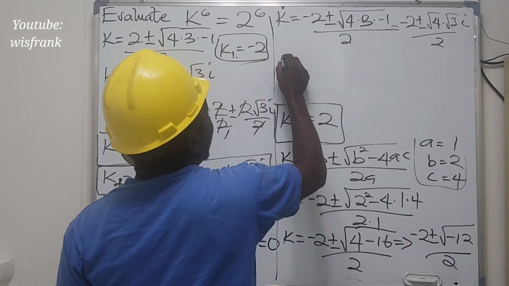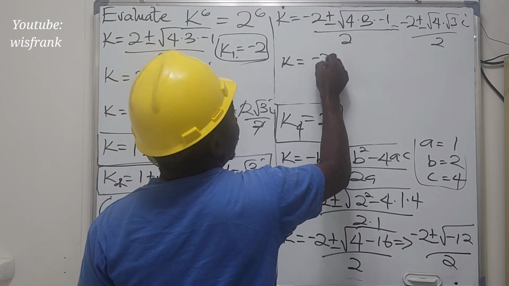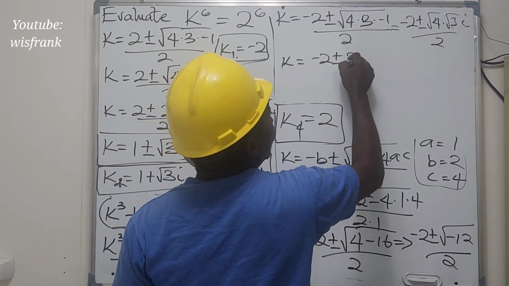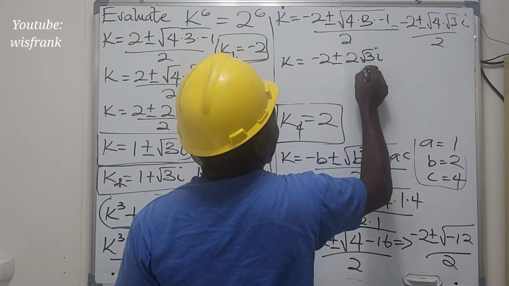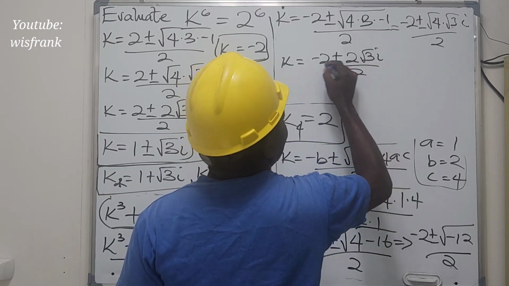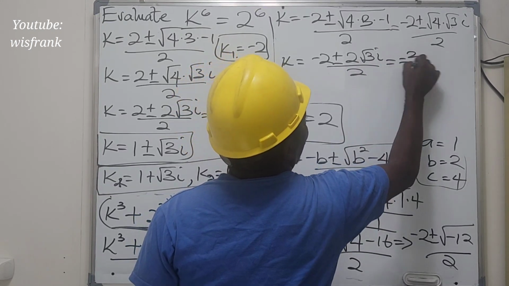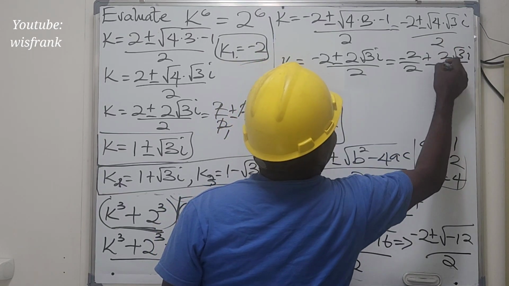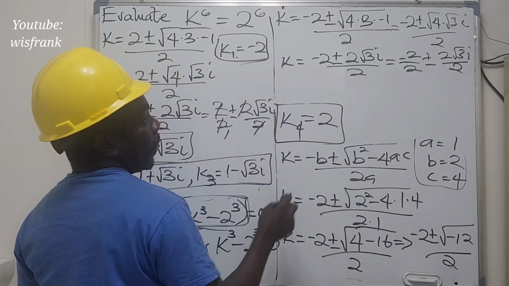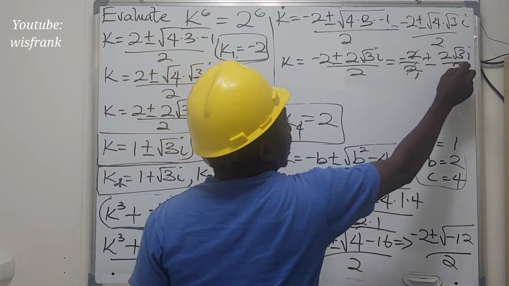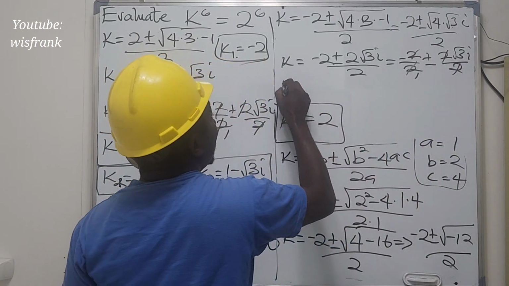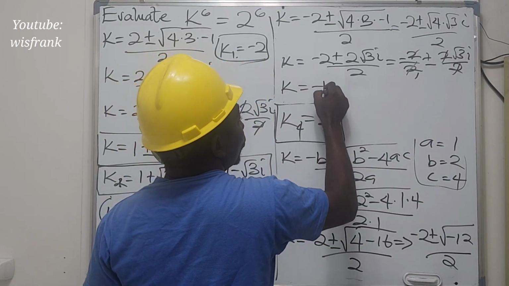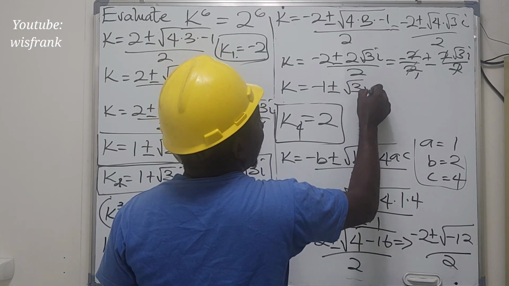So in that case, we have a value of k equal to minus 2 plus or minus 2 root 3 i, all over 2. We can separate this by writing minus 2 all over 2 plus or minus 2 root 3 i all over 2. Therefore, the 2s cancel, and we have a value of k equal to minus 1 plus or minus root 3 i.